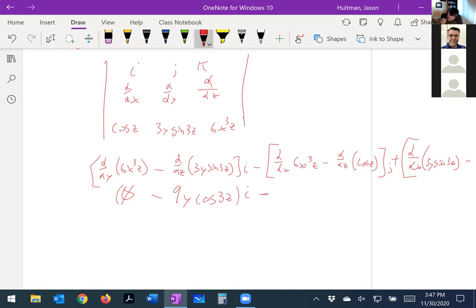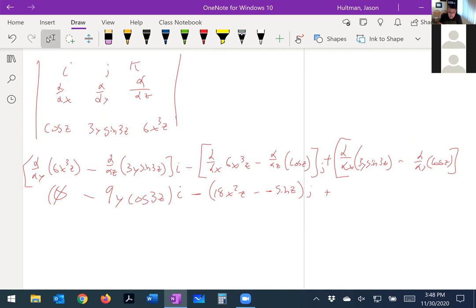Minus, this is d/dy of this thing, I believe. No, it's d/dx, sorry. So d/dx of this is going to be 18x squared z, minus the derivative of cosine, which is negative sine z, j.